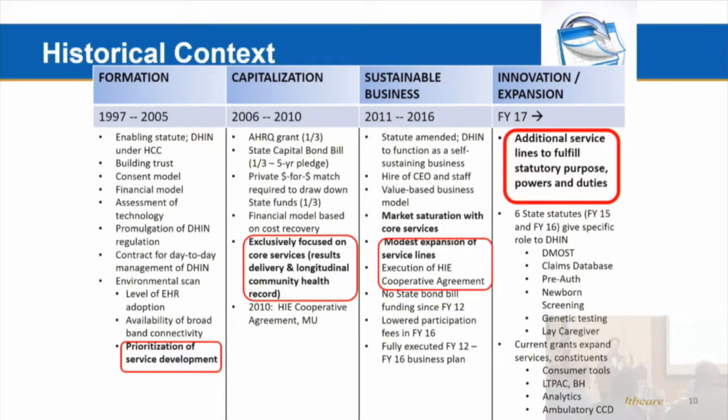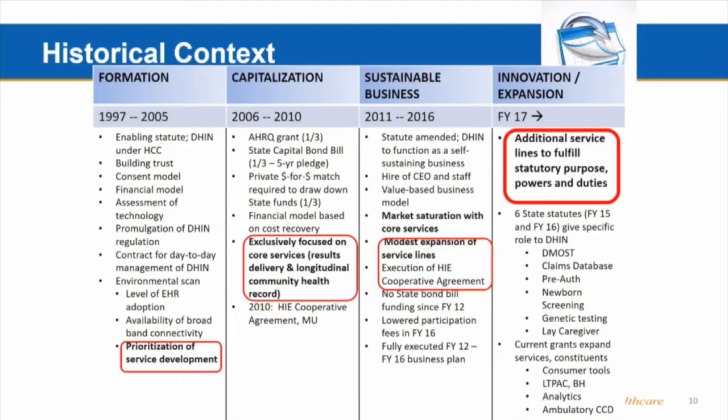In 2007, we went live as the first statewide operational clinical HIE. However, we did that, where do you get the money to do the technology, right? So it was a combination of three sources. One was a contract from the Agency for Healthcare Research and Quality, AHRQ, under the State and Regional HIE Demonstration Project.